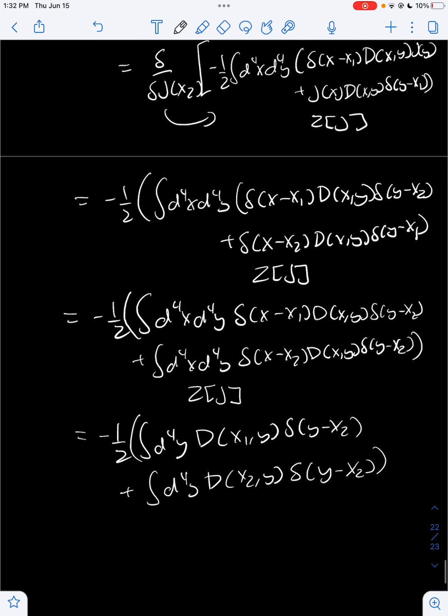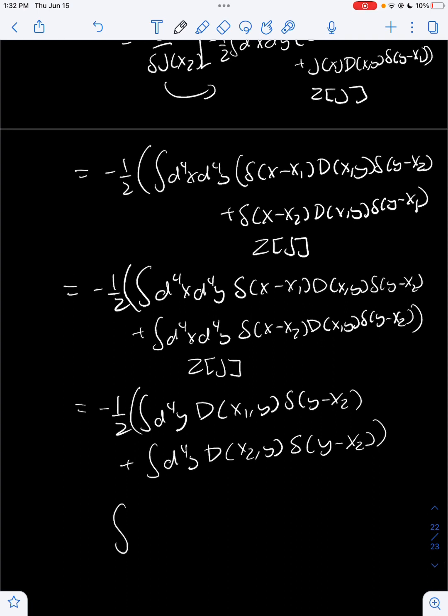And the reason is because of the properties of the delta function. If we have the integral of f(x) times delta of x minus x1, the answer is just going to be f(x1). So that's why we have that.